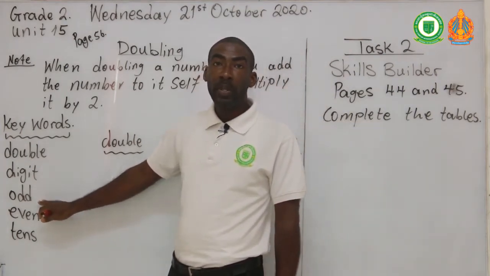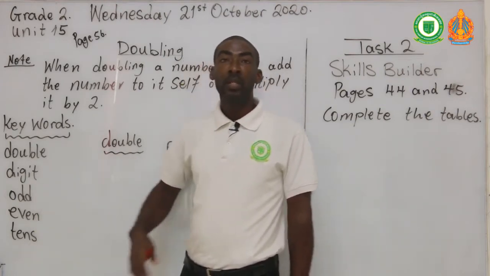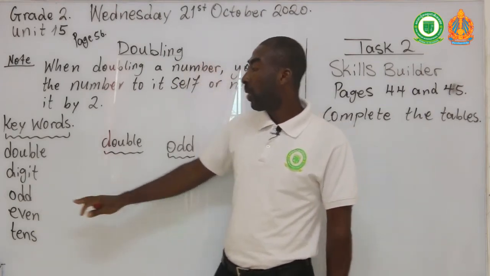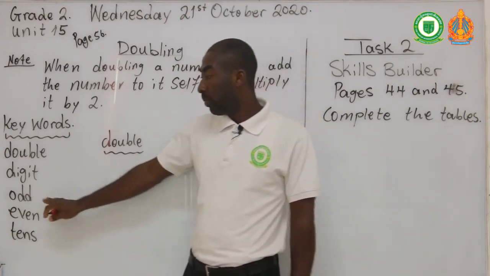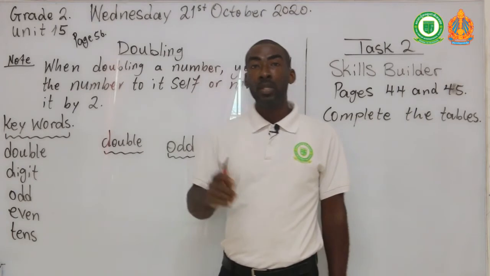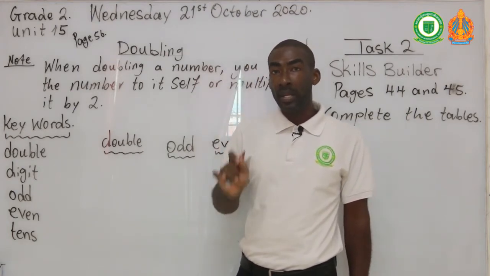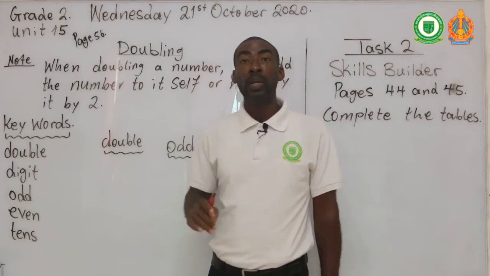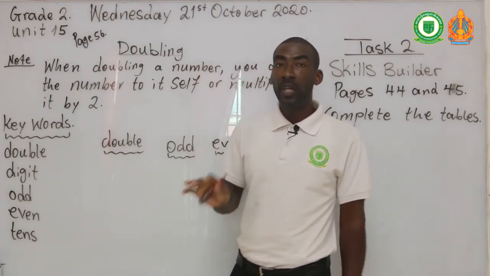I believe you remember what your odd numbers are. So when we say odd, we mean the odd numbers. Odd numbers are numbers that you cannot divide by 2 exactly without having a remainder. That means when you divide odd numbers by 2, you always have a remainder.